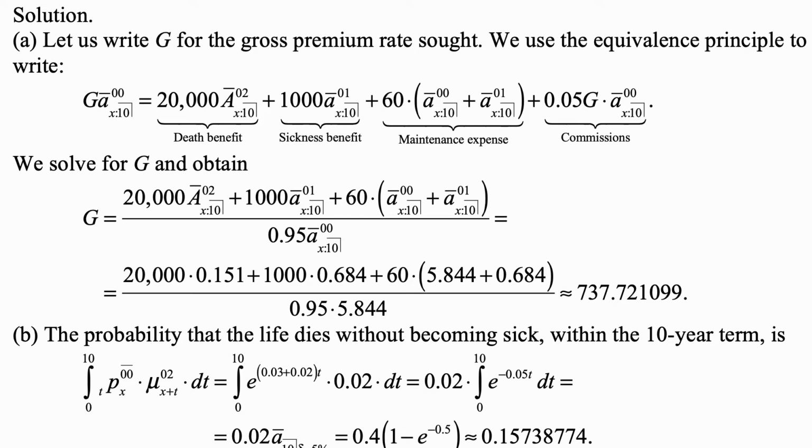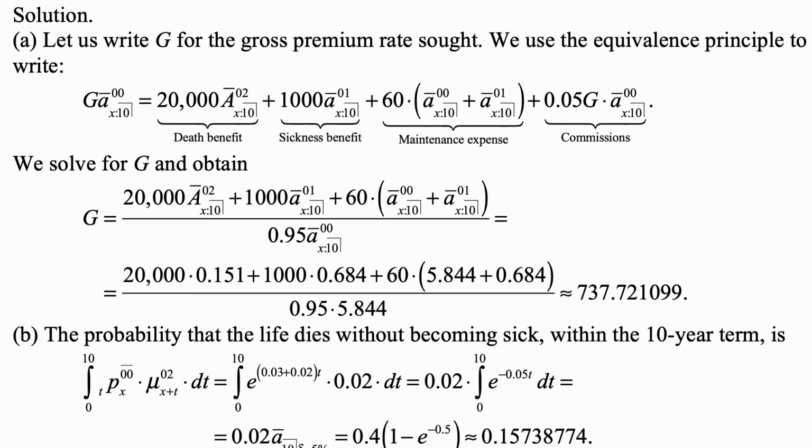Just remember they're paid as long as the person is alive, so also while in sickness. And then 0.05 G times A bar x colon angle 10, 0 0, that's the actuarial present value of commissions.